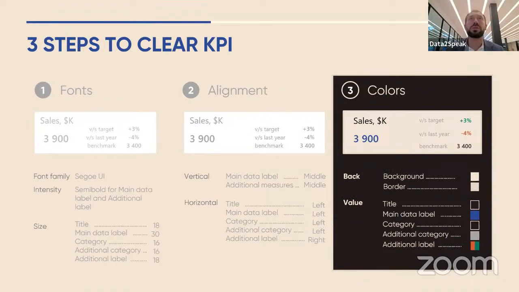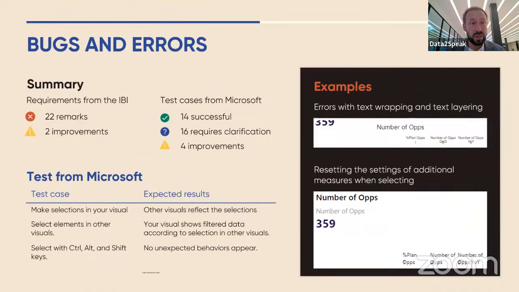We always put conditional formatting to make this data speak. What is good, what is bad? For example, if we exceeded our sales goal, it's okay, it's green. But if we exceeded our budget limit, it's bad, it's red. And we have such practices.